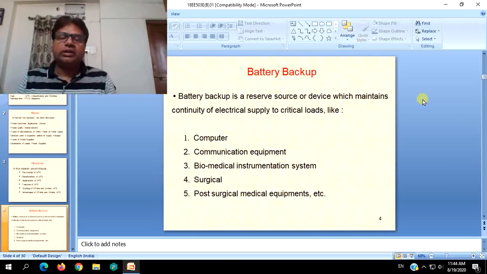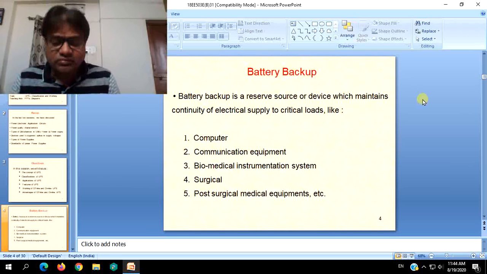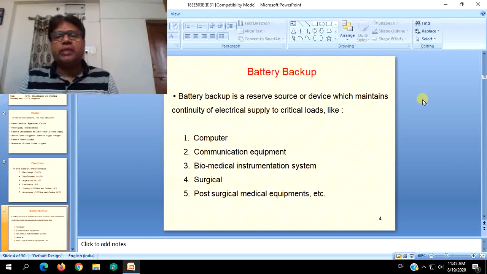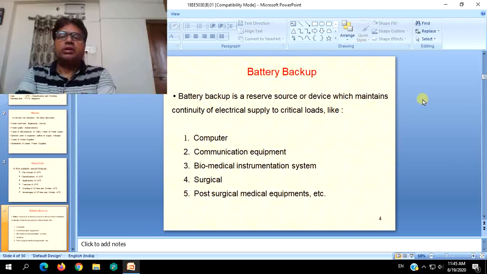The main idea behind the battery backup when it started some decades ago is to store the electrical energy, which is in the form of single phase AC, by converting it into DC and charging a battery. It holds on to the energy in the form of chemical energy, and when the main source is not there, the battery will be delivering its stored chemical energy as DC output to suit the load.